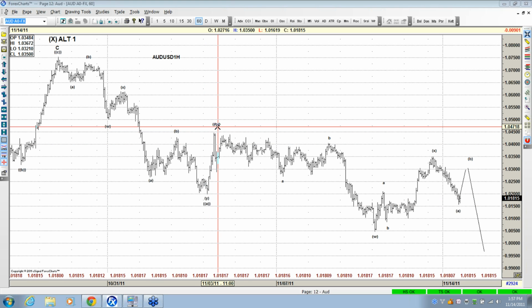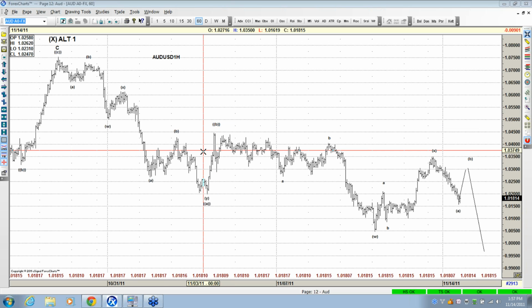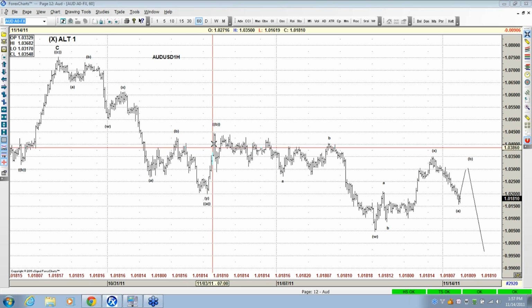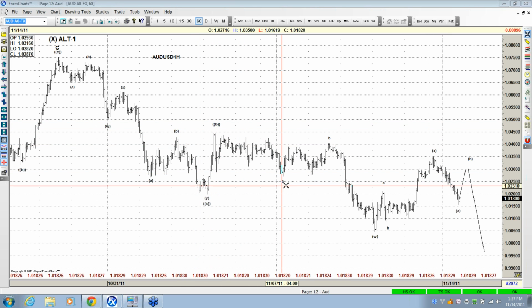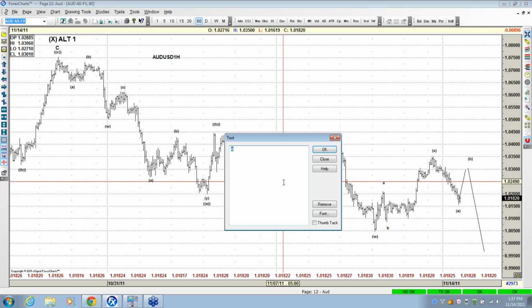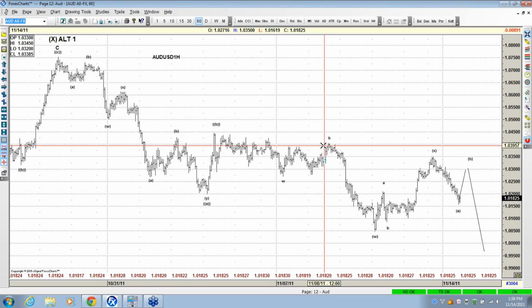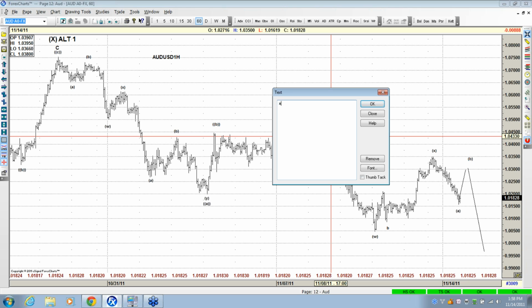It looks like Aussie is doing this: 7, 3, and now you need any combination of 3 or 7 or 11 to the downside. It looks like it did A, B, C. It's W technically, like this. It did 3 back.